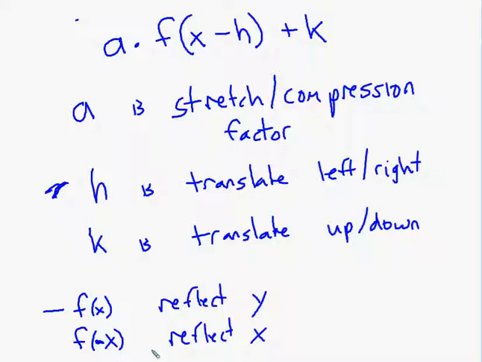Huh? X is the one on the outside. Yes, it is. Thank you. I messed that up. This one's the up-down reflection. The one right here is the left-right reflection. But I forgot that the axis is there.